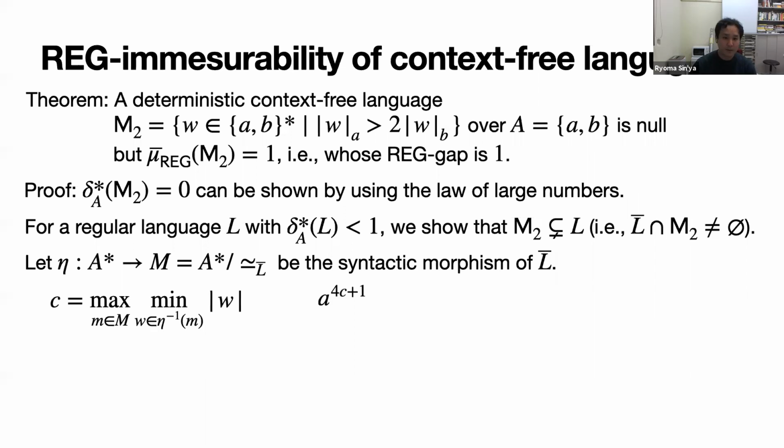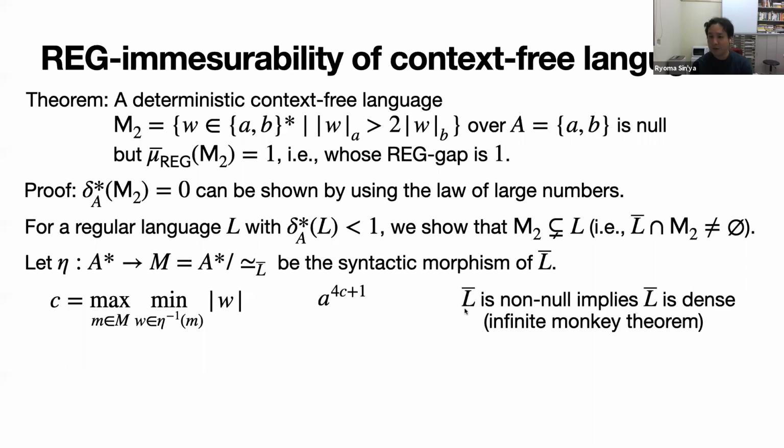And then consider the word that consists of only A's, A repeated C plus 1 times, okay? So from this assumption, L satisfies these properties, the complement of L is non-null.